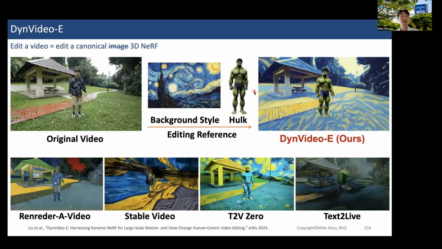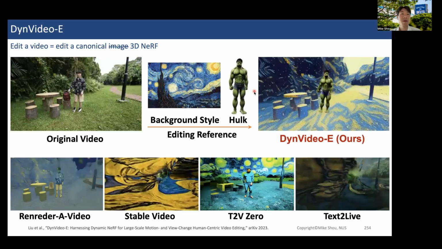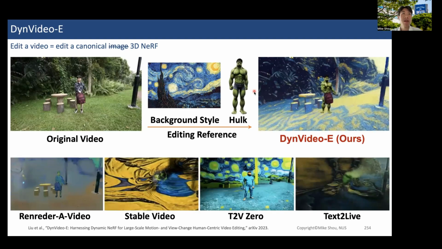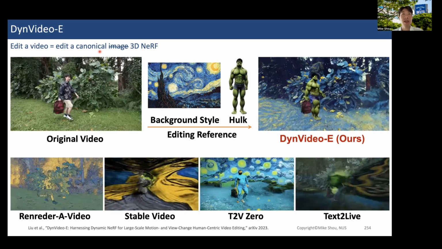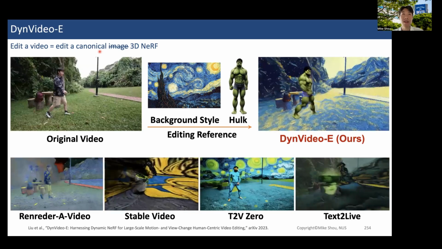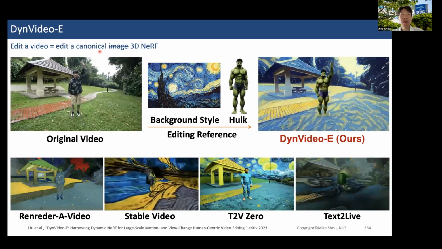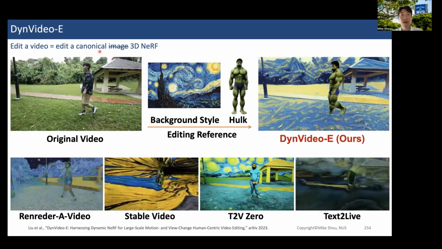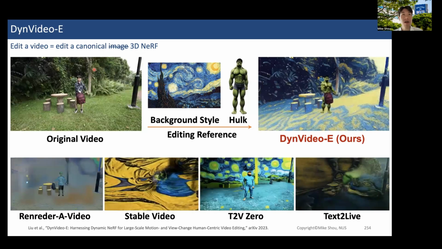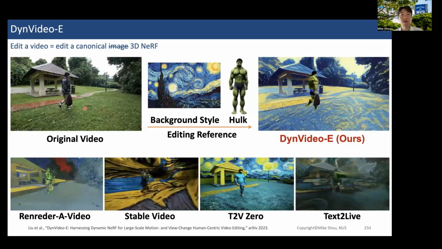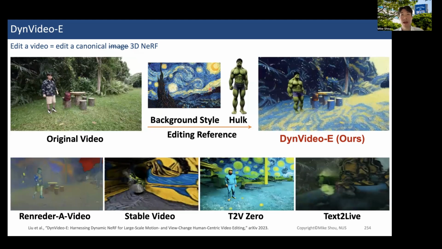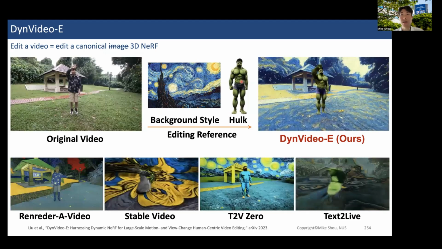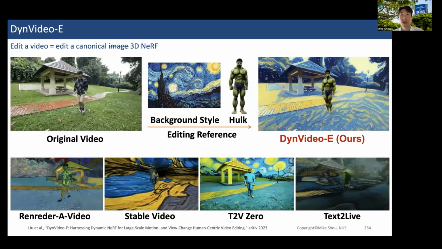In our recent work, we proposed the so-called Dynamic Video Editing, in the sense that instead of editing the 2D canonical image, we want to edit a canonical 3D NeRF. Here is a quick showcase of the result. Given the original input video, the user provides references for the background style and the subject they want to customize, and this is our generated result.